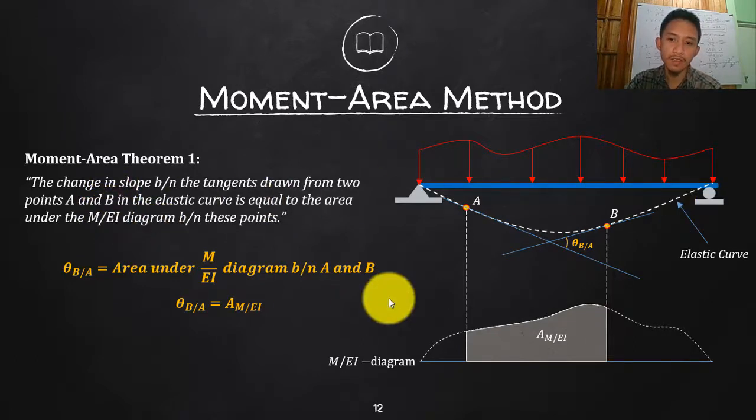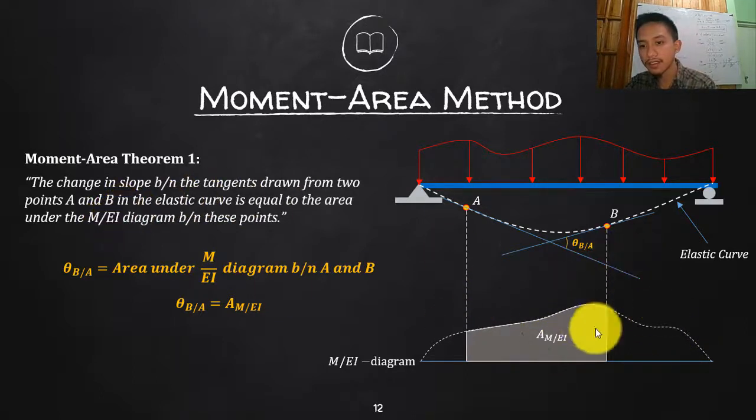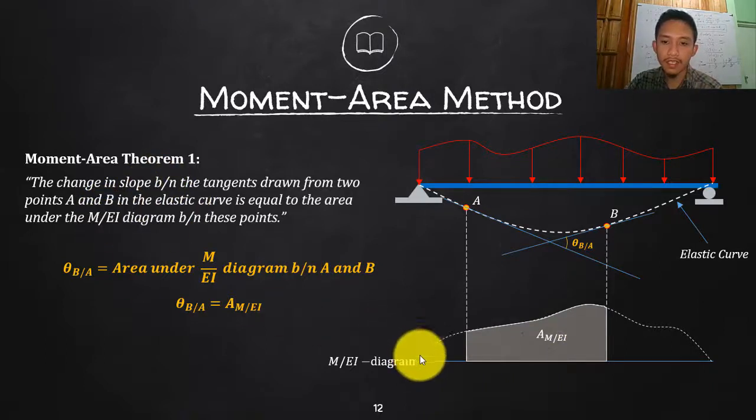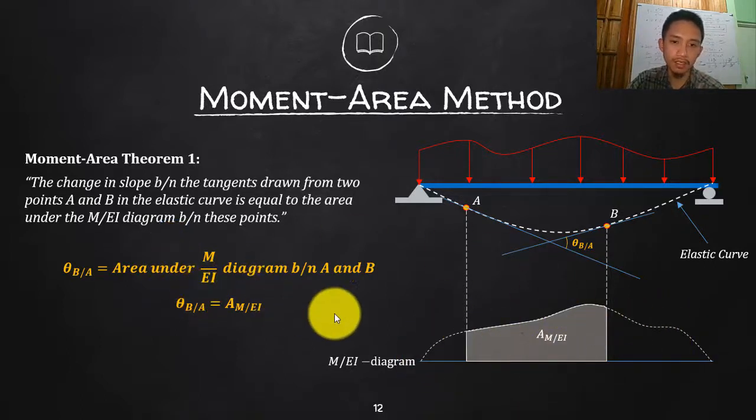So it is not always the case that your moment diagram has the same shape as your M over EI. But if E and I are constant, since you are just dividing the moments, the values will just become smaller, but the shape is the same.